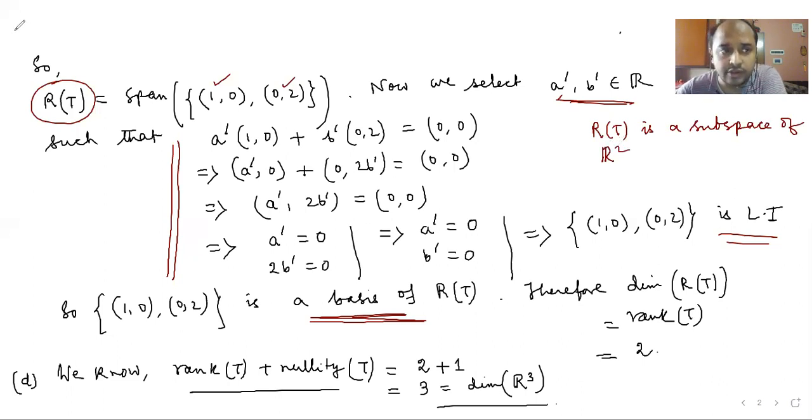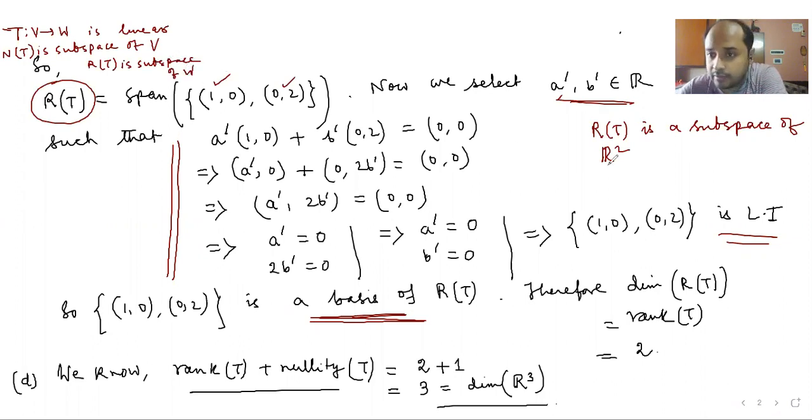Because if T: V to W is linear, then NT is a subspace of V, and RT is a subspace of W. Since RT is a subspace of W, RT is a vector space over the same field R. So therefore the basis of RT is this, and the dimension of RT, which is rank T, is 2. I am finding rank T because I have to verify the dimension theorem also.